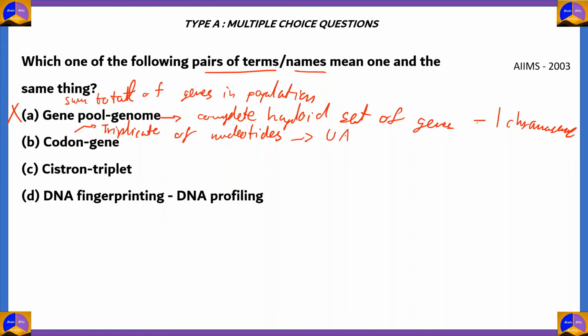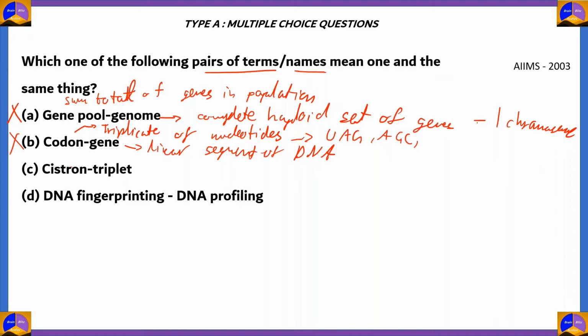Example, UAG, AGC, etc. While a gene is basically a linear segment of DNA. It may have one or more codons, and a gene is specific for one trait. So that's the difference between codon and gene. So option B is incorrect.